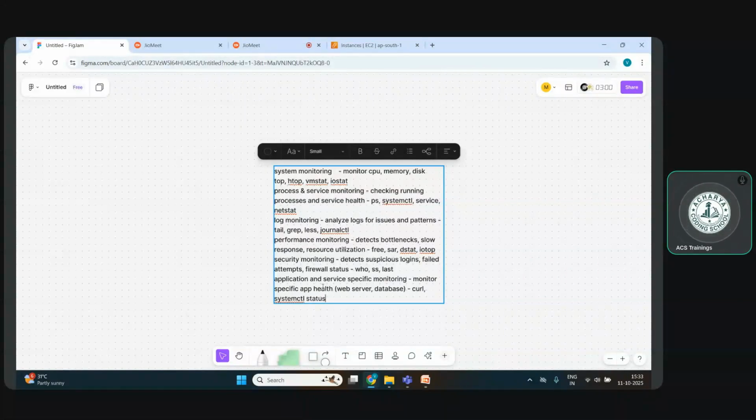With these commands we can ping an application. And netstat. So we have different types of application and service monitoring.